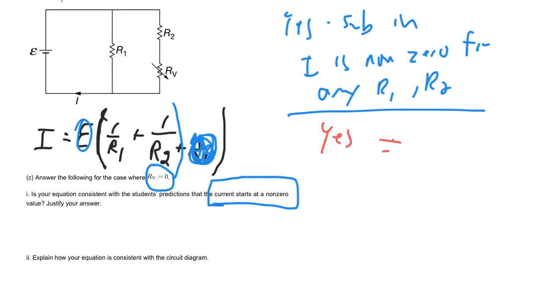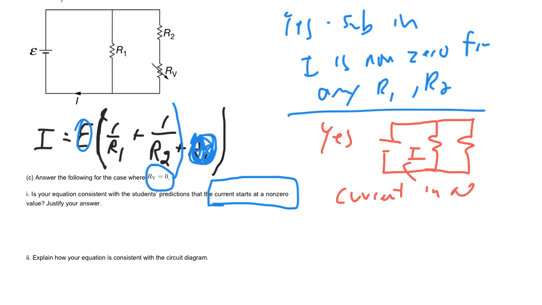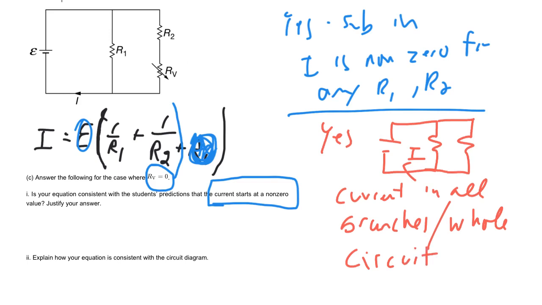Notice our circuit essentially becomes this: if RV equals 0, you have a simple parallel circuit, right? And so you can see that no matter what, current flows in all branches, or the whole circuit. And no matter what, you will have a non-zero current.